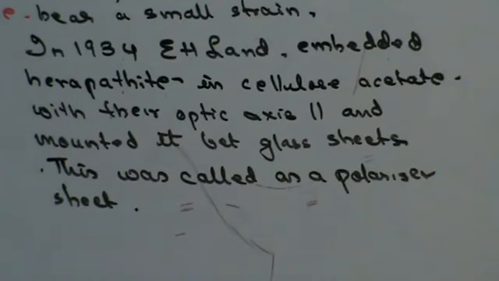The next thing that was developed was K Polaroids. K Polaroids were discovered by Land and Rogers, and were again prepared by stretching polyvinyl alcohol film, but it was stretched in the presence of hydrochloric acid. Now, as we know, an acid is going to be a dehydrating agent. So, due to the presence of hydrochloric acid, there was a slight darkening of the film.